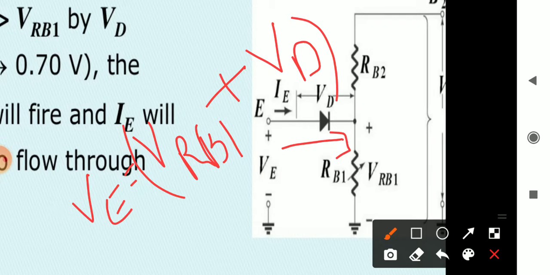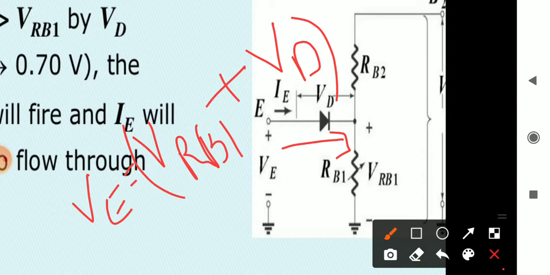Clear, no? This VD drop usually ranges from 0.35 to 0.7. That depends upon the type of material and the manufacturer, how he prepares it and how he sets the threshold voltage. And IE current starts to flow now.